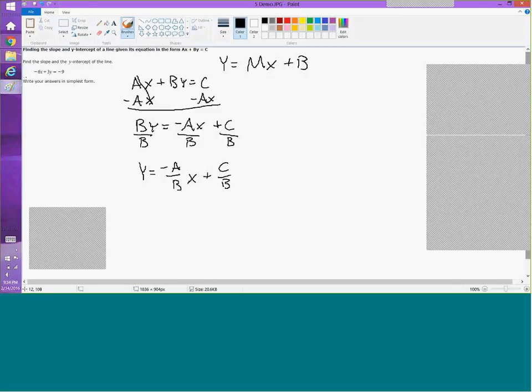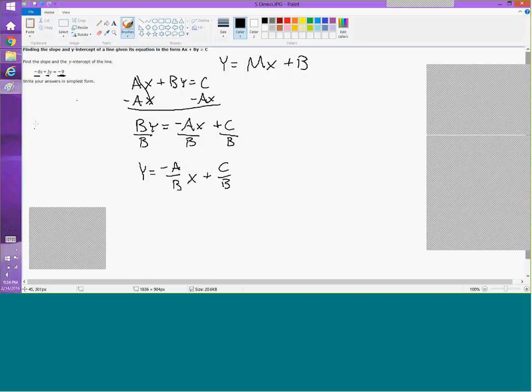With ax plus by equals c, if I look over here, my a is going to be this number that's being multiplied times x. My b is going to be this number being multiplied times y. C is going to be this number that's over here on the right completely by itself. So slope is the number being multiplied times x, which is negative a over b.